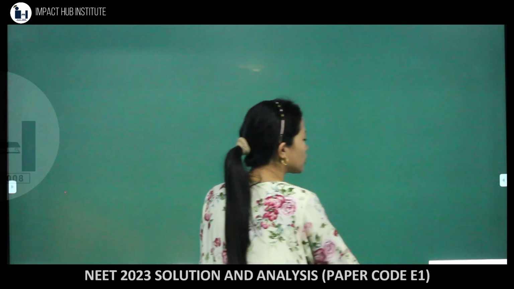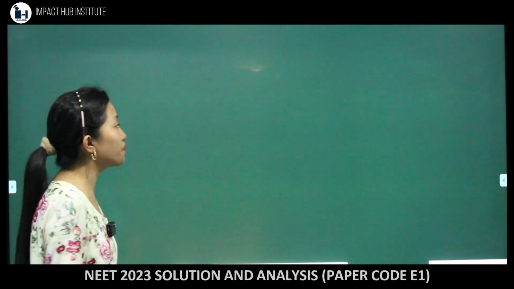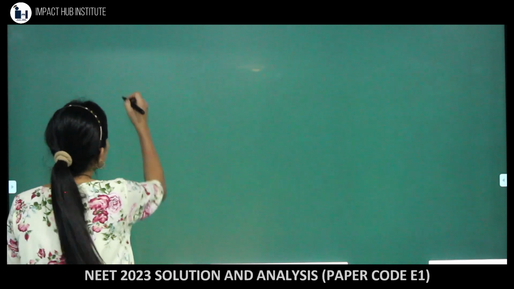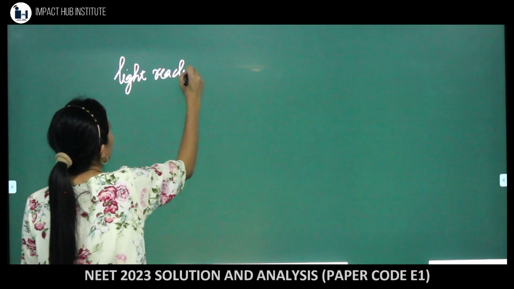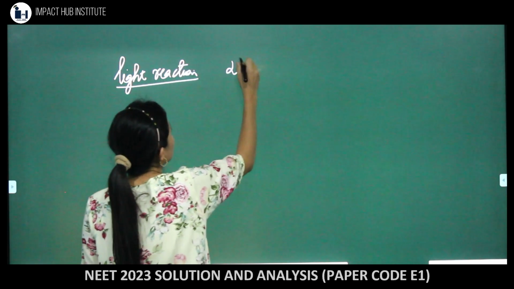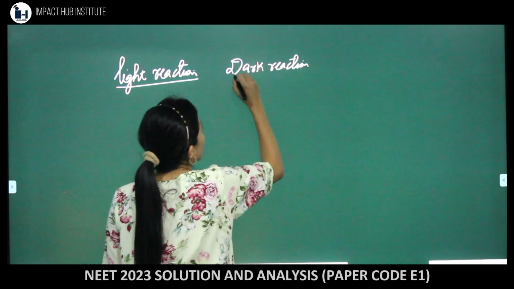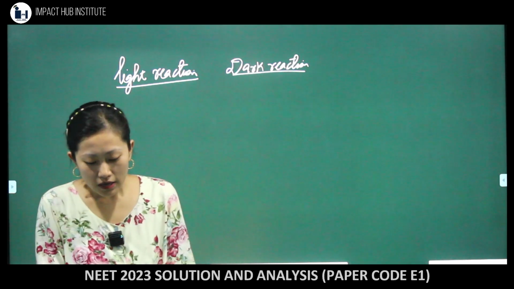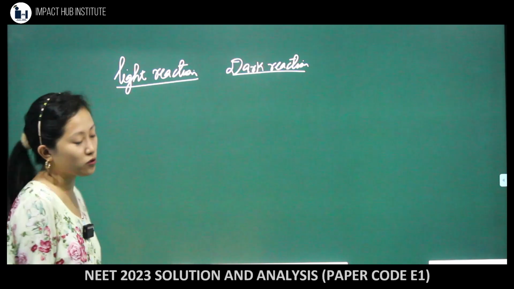In the photosynthesis chapter, we have learned about the mechanism of photosynthesis, which gets completed in 2 reactions, the light reaction and the other one is the dark reaction. The question they are asking here is about photolysis, splitting of water molecule during photosynthesis.